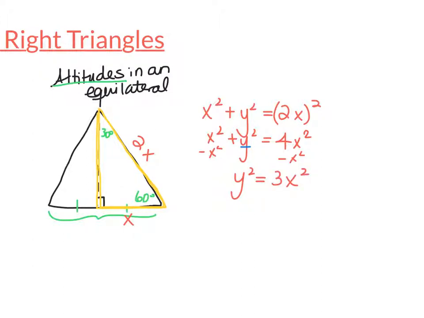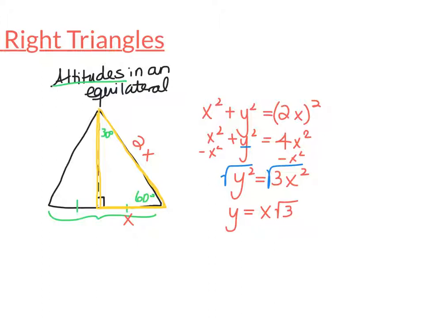Now, I've almost got y by itself, but you all know the last step anytime we're doing Pythagorean theorem is to take the square root, which is going to give me y equals the square root of 3x squared. And actually, that x squared, when you take the square root, it's going to make a whole x. So I'm actually going to write that as x square root 3.